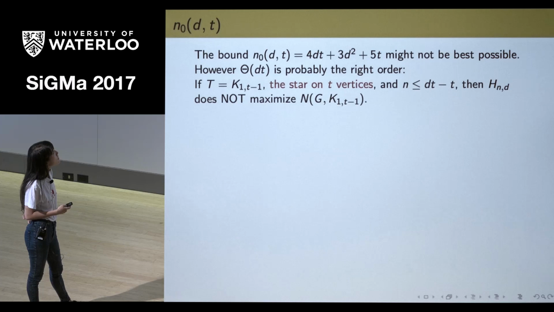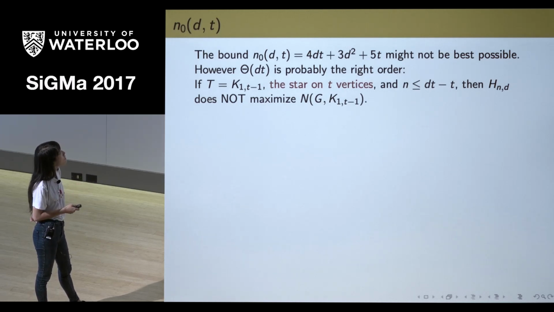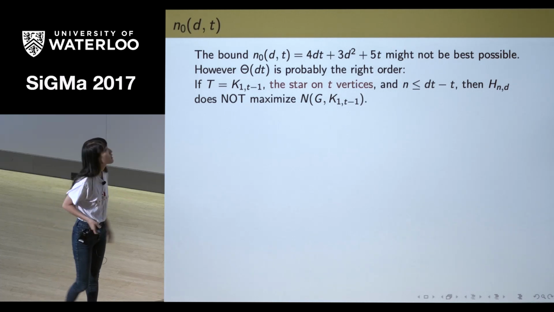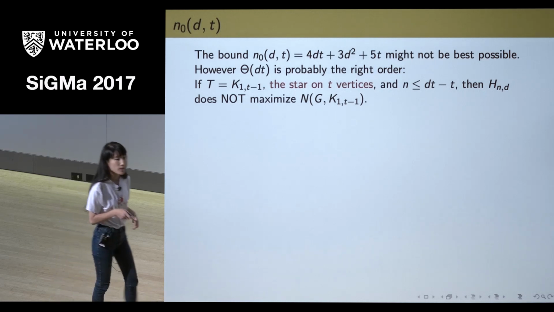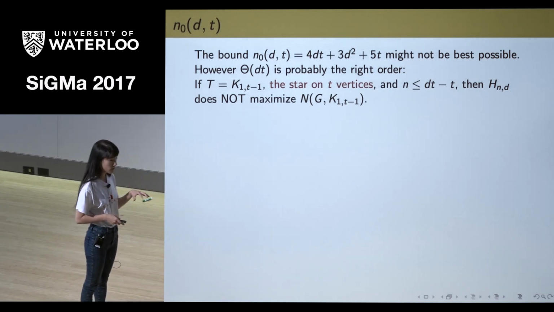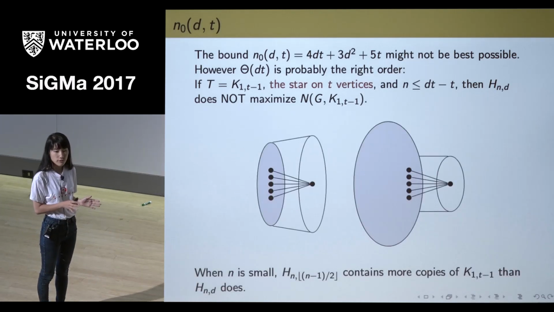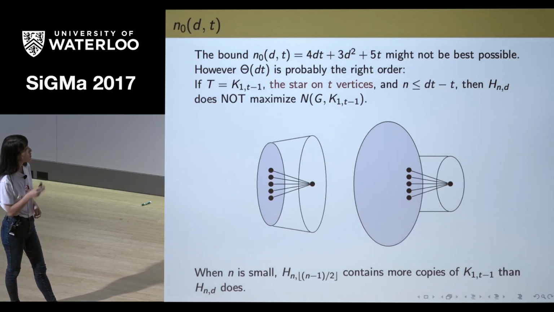Okay, so here's an example. You take T, which is the graph you want to count, to be the star on little t vertices. So we have t minus 1 leaf vertices, and choose n to be at most dt minus t. Then our extremal example, H(n,d), is not going to maximize the number of stars. So that means we're able to find some non-Hamiltonian graph, minimum degree at least d, which contains more copies of this star than H(n,d) does.